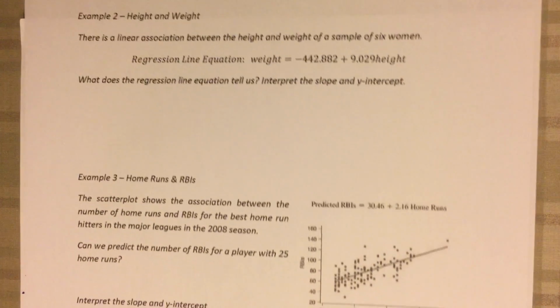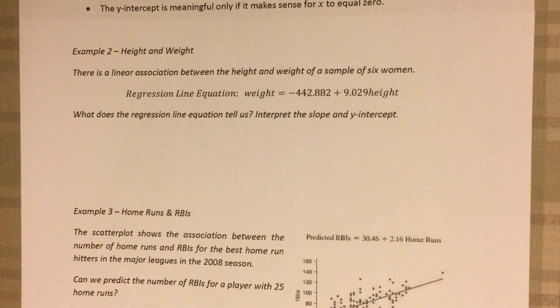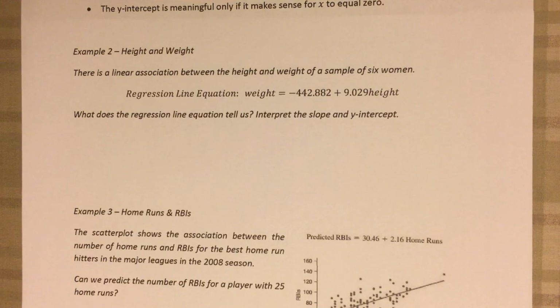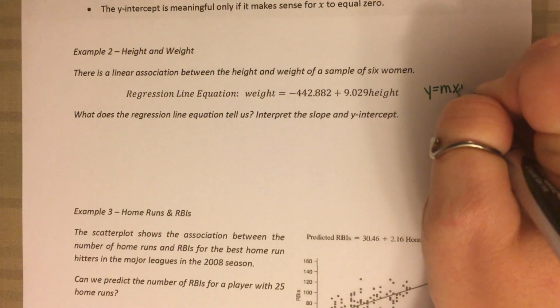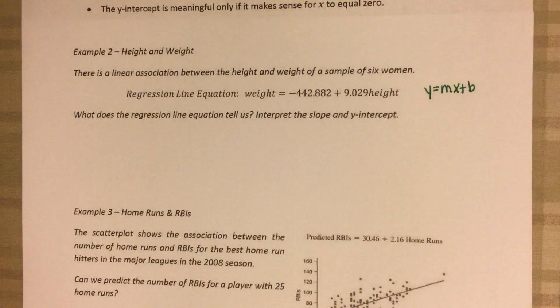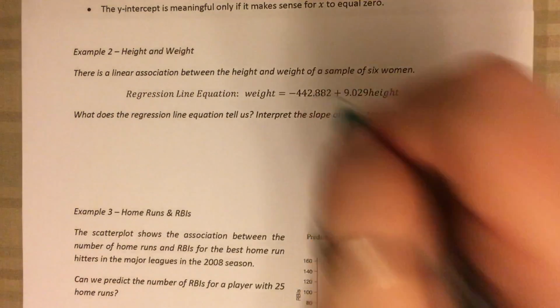Alright, so in example 2, there is a linear association between the height and weight of a sample of 6 women. Our regression line is given by weight equals negative 442.882 plus 9.029 times height. Now if we compare this to y equals mx plus b, what we usually think about for equations, we see these values slightly rearranged.